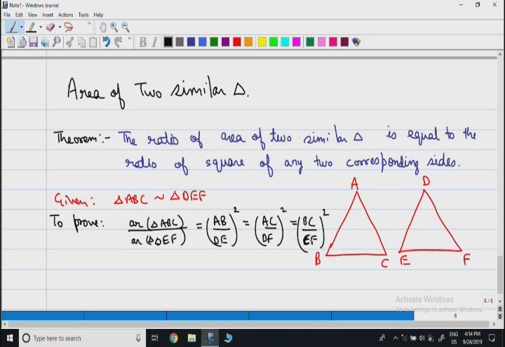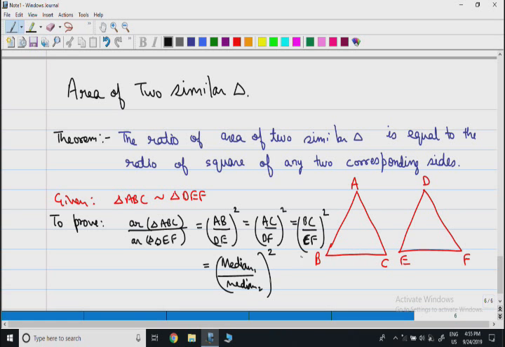And from this point we can also add one more point. Like in the previous theorem we have shown that ratio of any two sides is also equal to the ratio of median, altitude and angle bisector. So area also relates in that way. Ratio of area is also equal to the ratio of the square of the corresponding side and median also. Let's say median of triangle 1 and median of triangle 2.